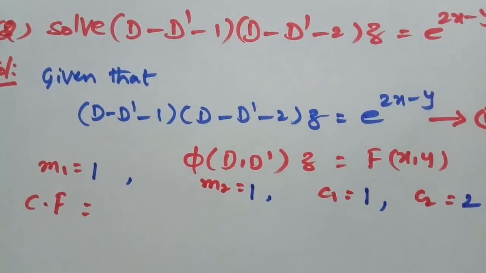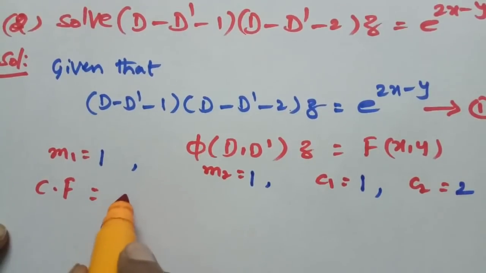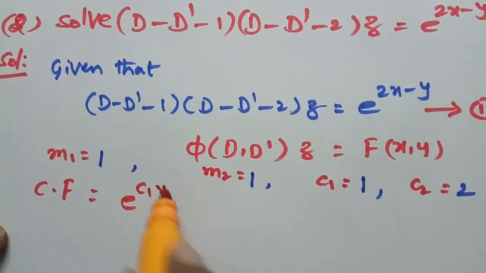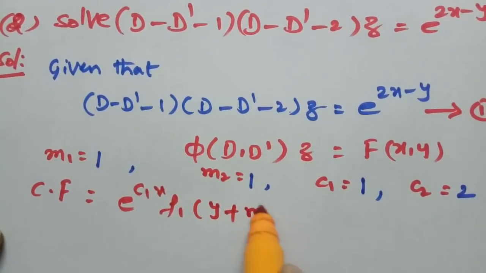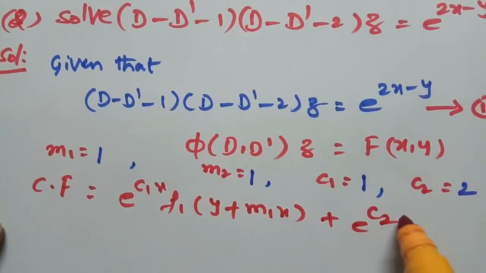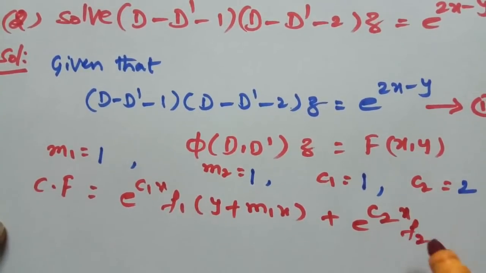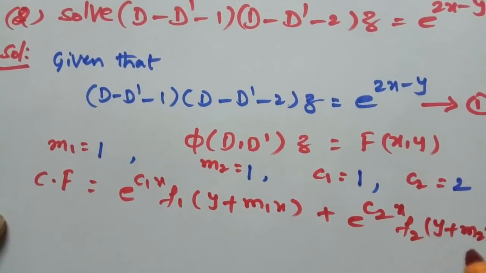Therefore the complementary function CF is e^(c1 x) f1(y + m1 x) + e^(c2 x) f2(y + m2 x).